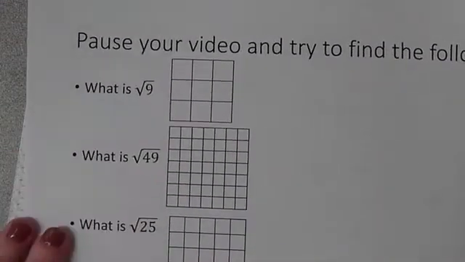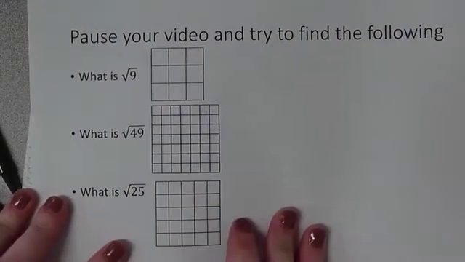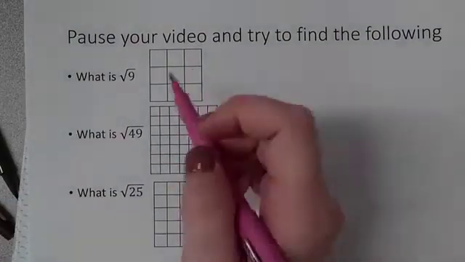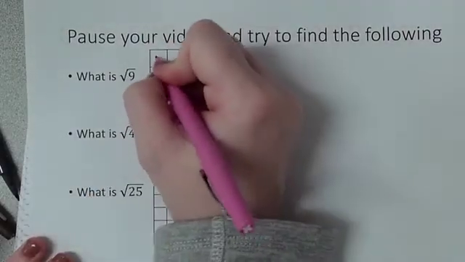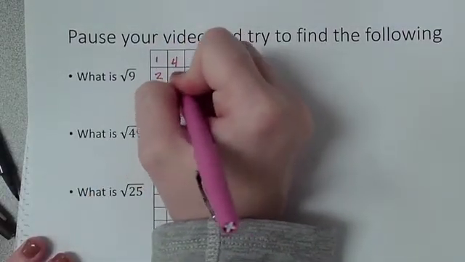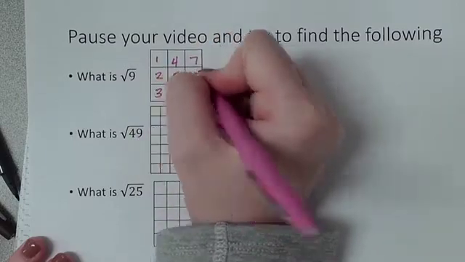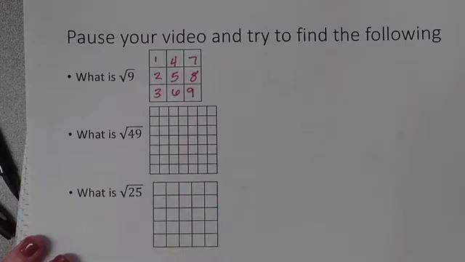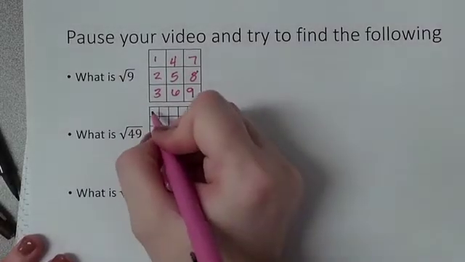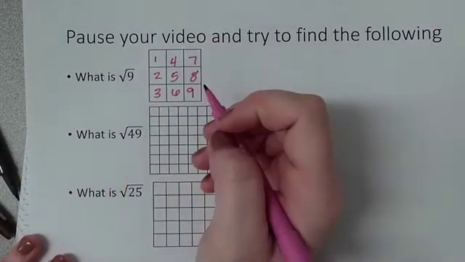Okay, and I'm going to put these up here. So pause your video and try to find the following. What is the square root of 9? So we have 1, 2, 3, 4, 5, 6, 7, 8, 9. And again, I want you to pause the video and then I'm going to give the answer in just a second. 3, 2, 1.